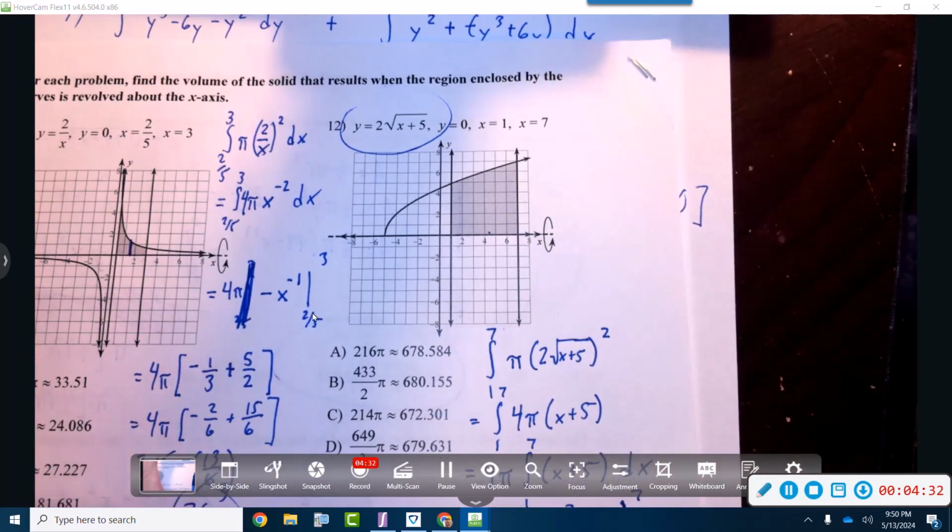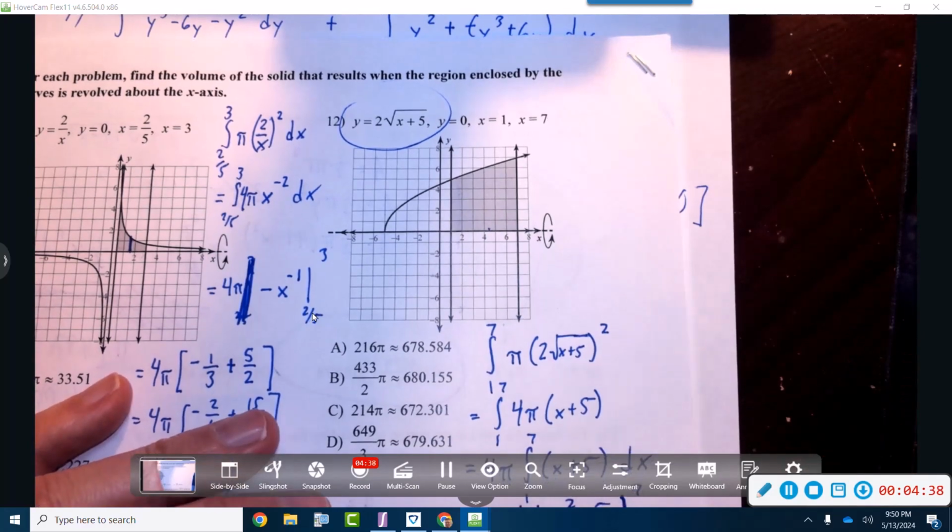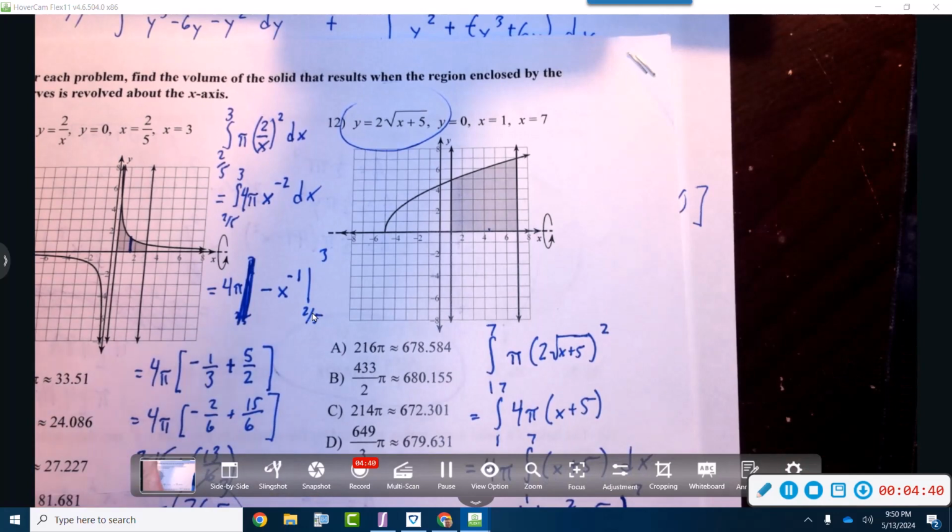Okay, and if you are careful here, you should end up with, I did this problem already earlier just for fun. Let me get that answer key.